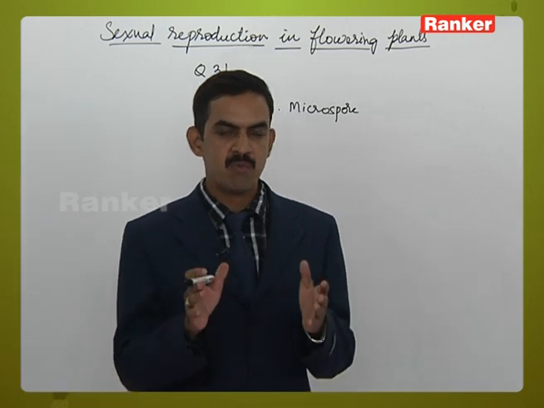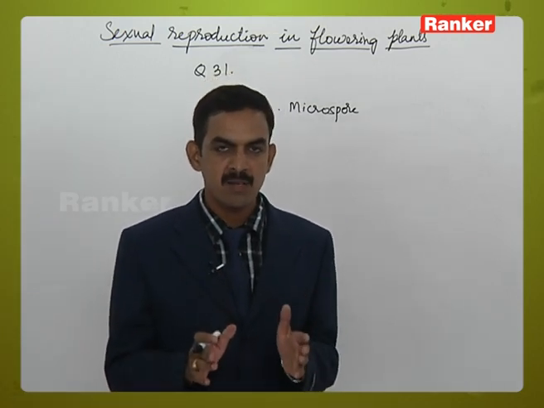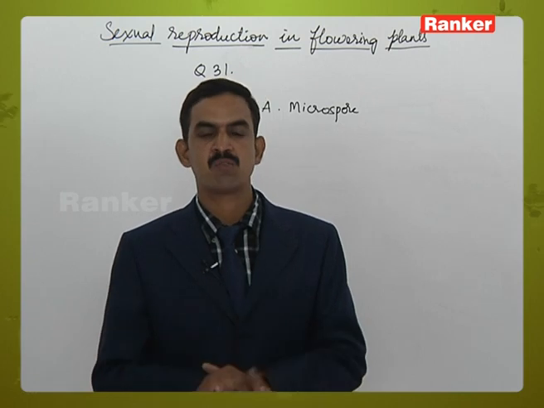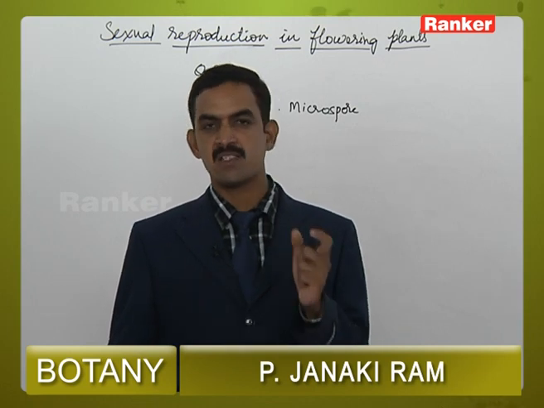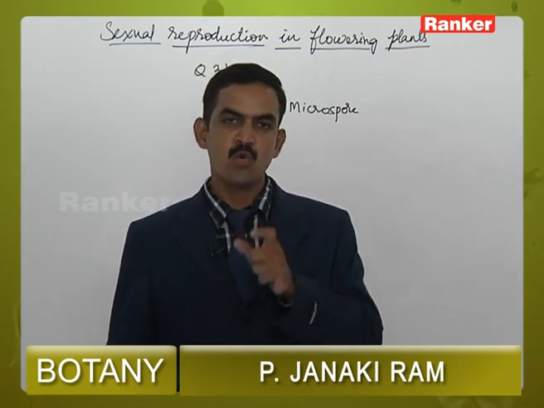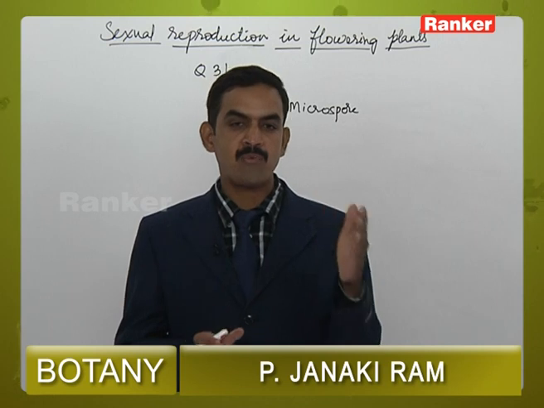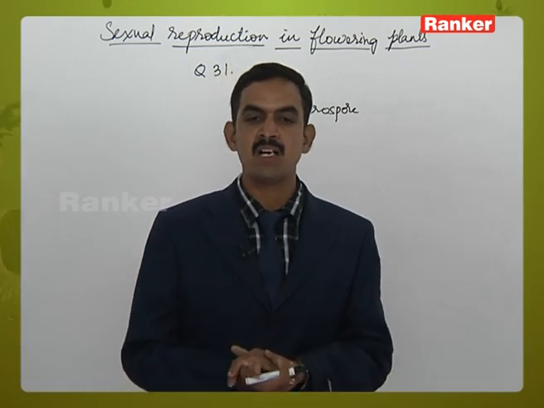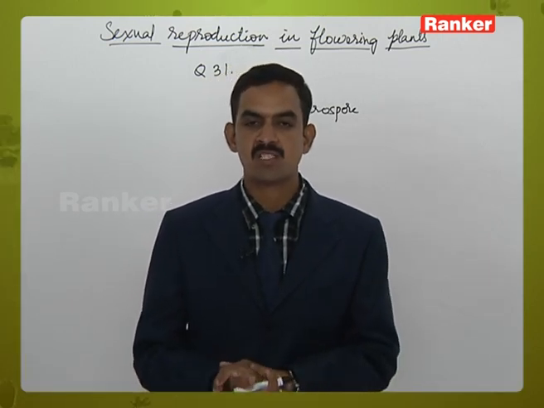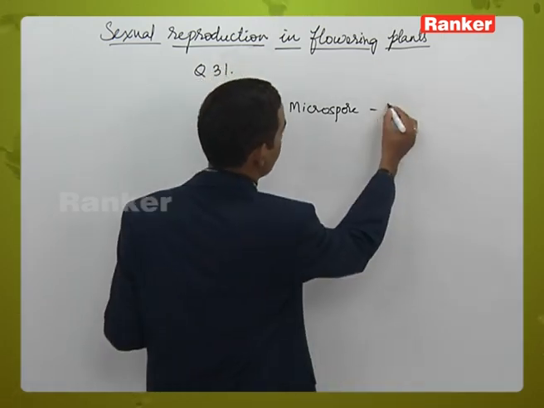Because from here onwards the male gametophyte starts its journey, giving rise to 2 cells, the vegetative cell and the generative cell, and the generative cell further divides to form 2 male gametes. After the formation of the pollen tube, the vegetative nucleus and 2 male gametes enter it, and that acts as the male gametophyte. So all the structures are formed from the microspore. So we consider the microspore as the first cell of the male gametophyte, that is 4.